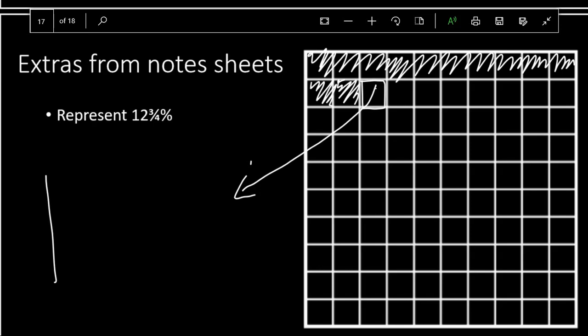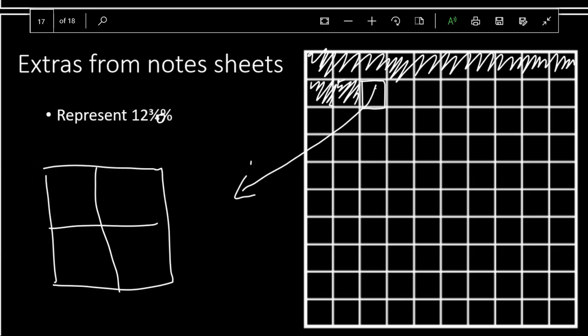And we're going to draw it in just a larger box so it's easier to draw. We need 3/4%. So we are going to use our denominator, the 4, and split up our boxes into 4. Just like that. And now we just shade in 3 of them.